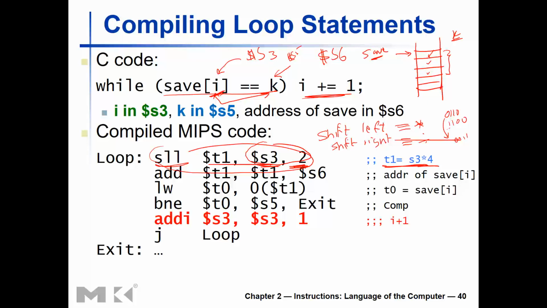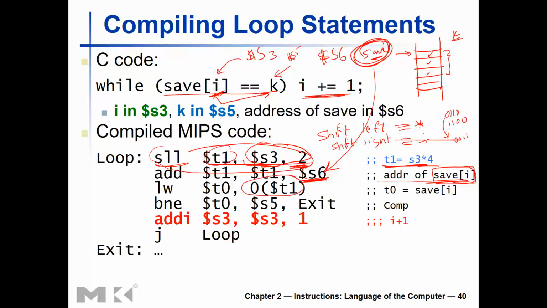And now I add the S6, which is the start of the array, which is the save here. So now we get the address of save I, which is the start of the array plus the index, which is in T1.